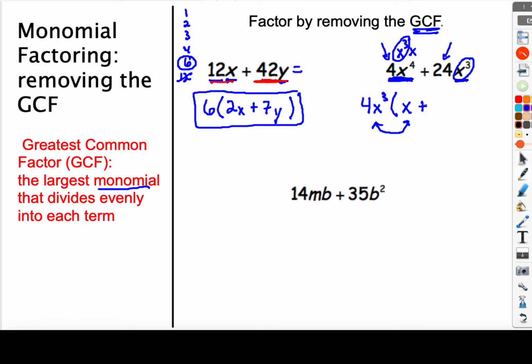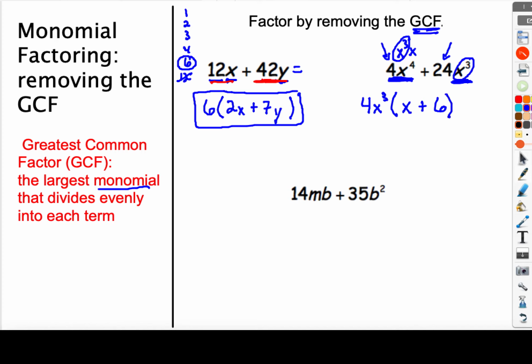At the same time, I'm going to take another look at this one and say, okay, if I divide the 4 out of the 24, that's going to leave behind a 6. But I also took out that x to the 3rd, right? I've already got that whole side handled. So I shouldn't need anything more than that.